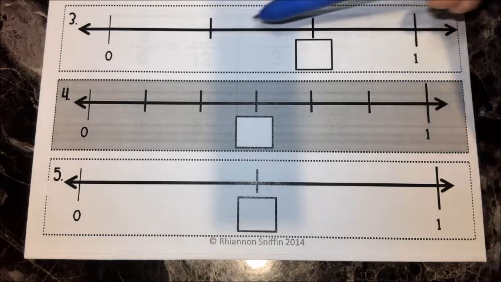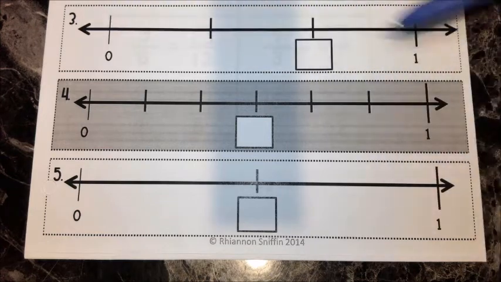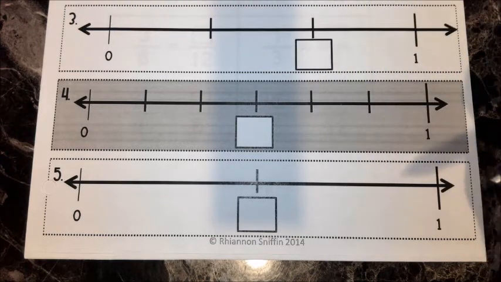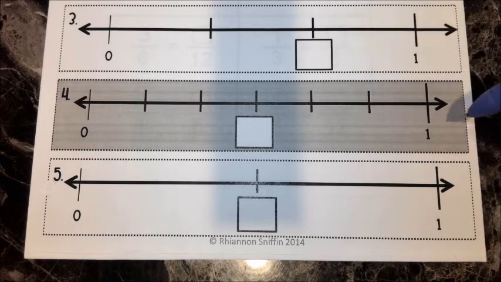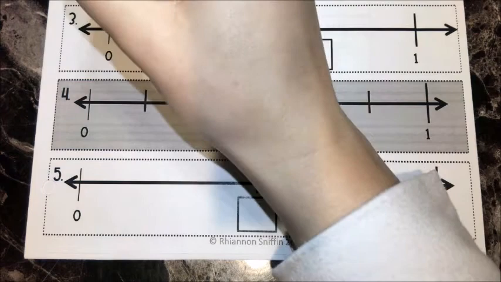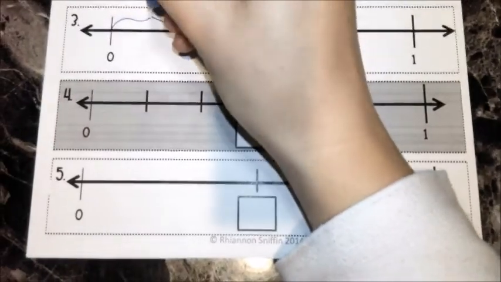So you're counting how many sections. If I look here, between 0 and 1, I have 1, 2 dashes. This is not in half, though. That's the main thing. It's not how many dashes, it's how many sections. So if I look at my first section, from 0 to my first dash, that's 1. Okay. If I look at my next dash to my next dash, that would be 2.